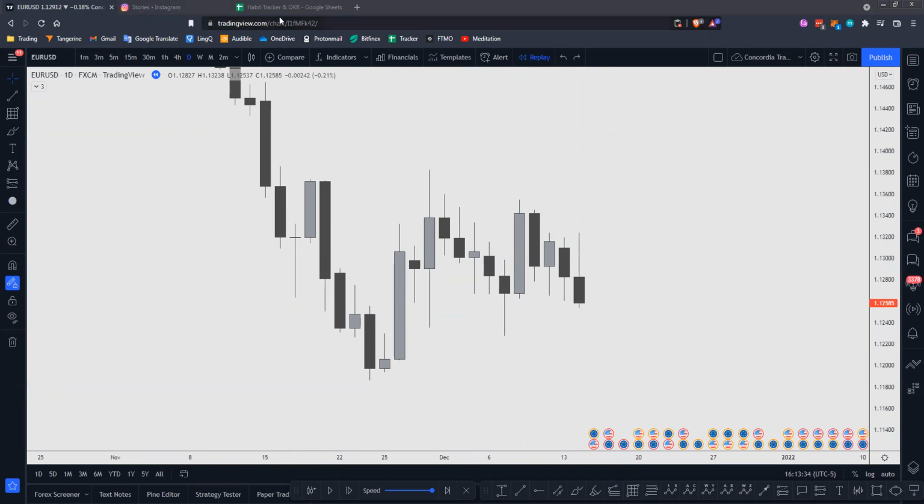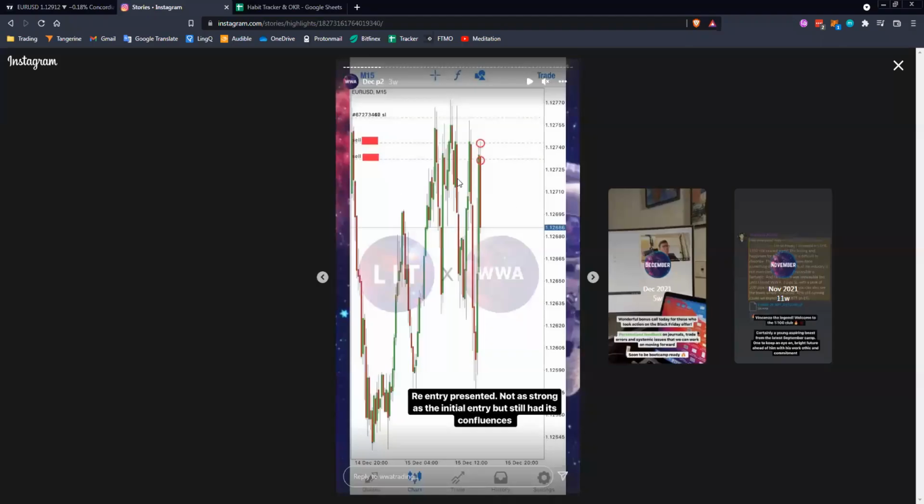So I was thinking, maybe I can go through some of their Instagram posts, just to start off, and explain from my perspective why these trades were taken, and go a little bit in depth into them, because I know they share them so people will backtest them, but a lot of people just don't know where to start with them.